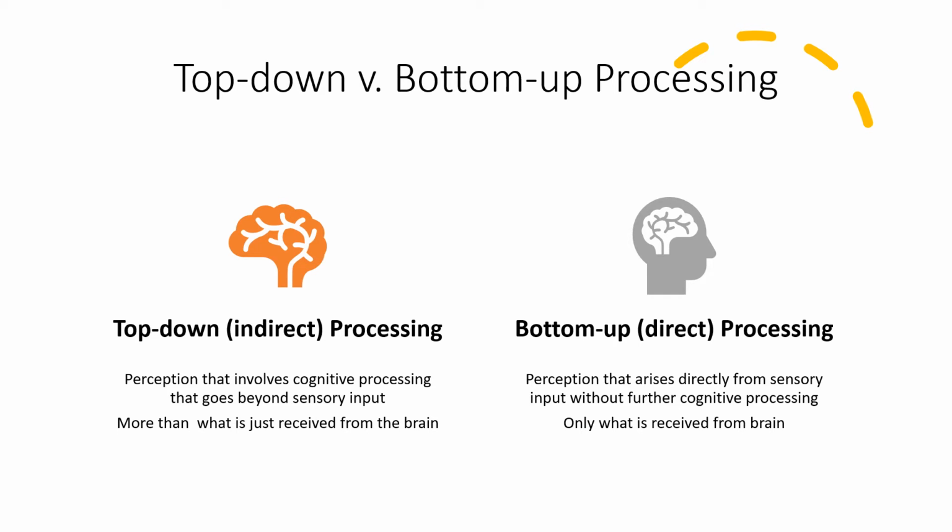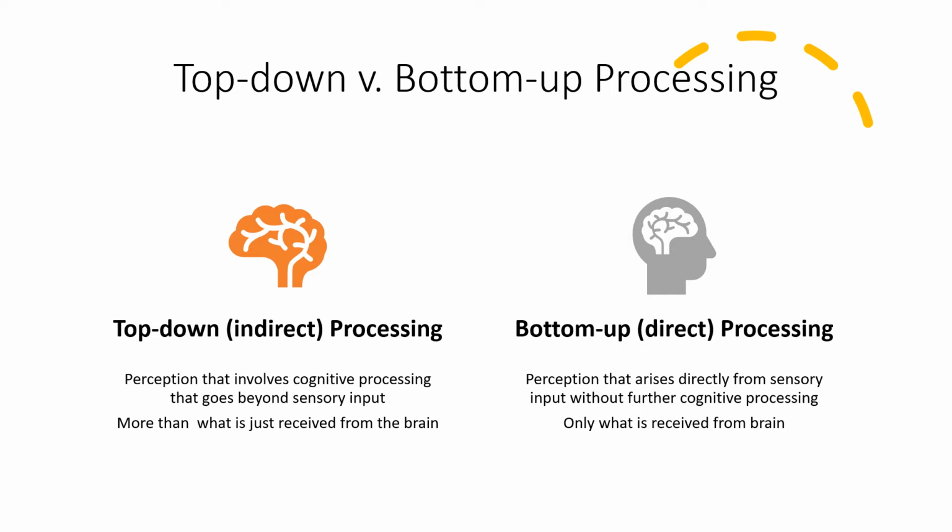All right, so top-down versus bottom-up processing. There's two different types of processing, and these represent two of the main theories about how we process information about the world, which then gets added into our schemas. So the first one, top-down or indirect processing, says that perception involves cognitive processing that goes beyond just sensory input.